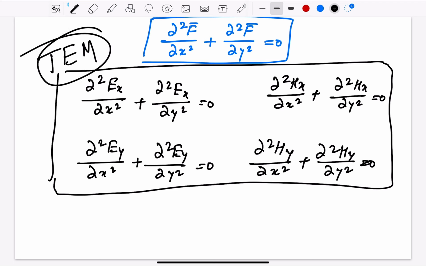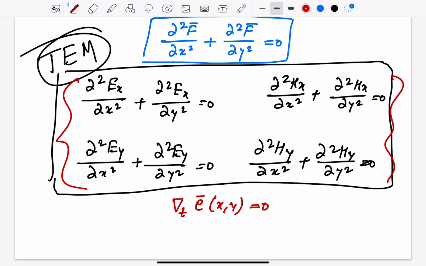This result could also be summarized in a compact way. So how can we write a compact form considering all these things? We may write del t squared of vector E x comma y is equal to 0, and del t squared of H x comma y is equal to 0.